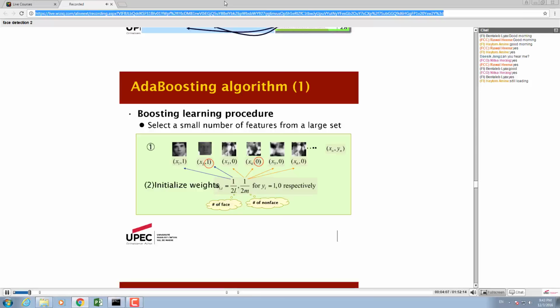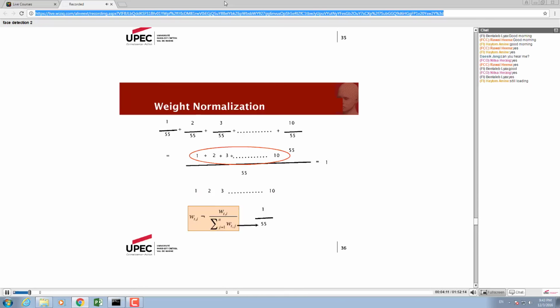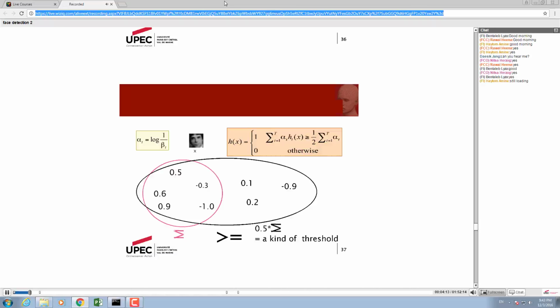So let me move to the other page. Okay, finally, in this page, in section 2 of the paper, the final strong classifier h(x) can be constructed by combining the selected 2,000 features.